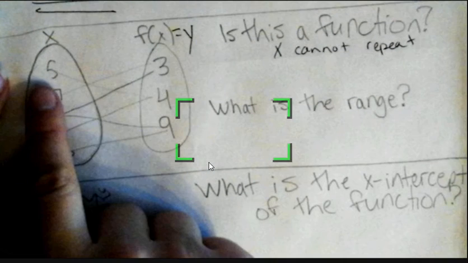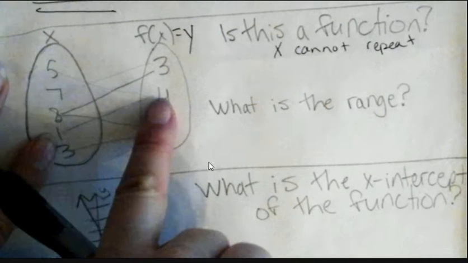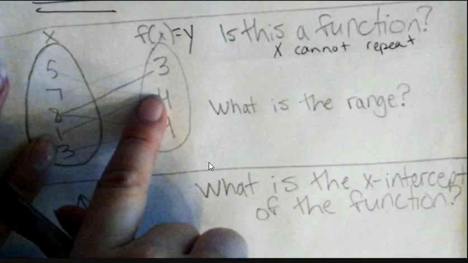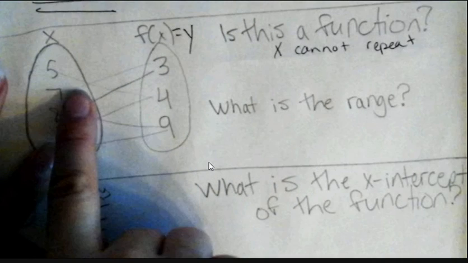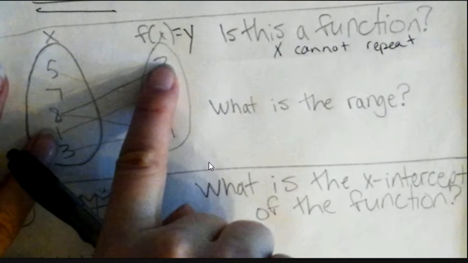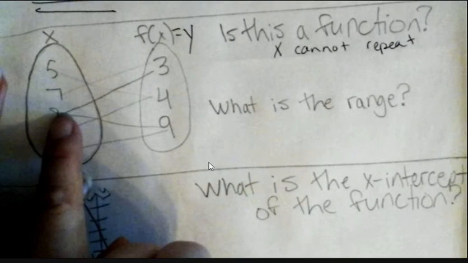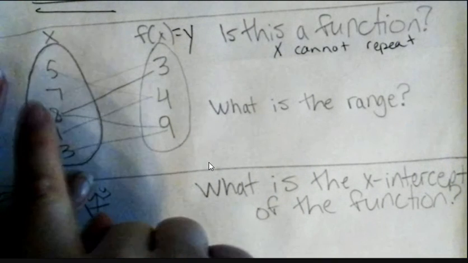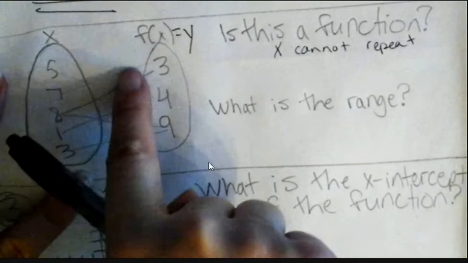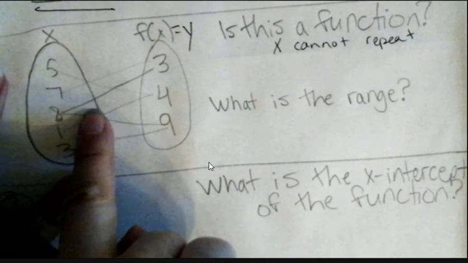So here the x is 5, the y is 4. 5 only goes with 4. That's great. Here 7 appears to only be going to 3. That's fine. 8. 8 is the x value. It's going to 3 and it's going to 9. This cannot happen.